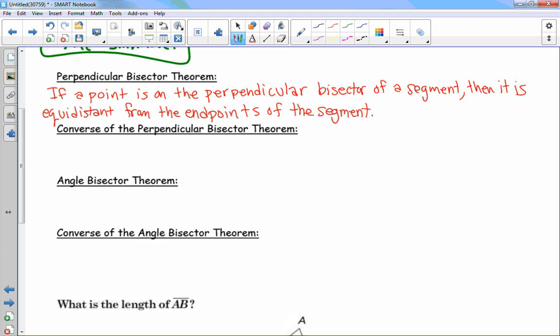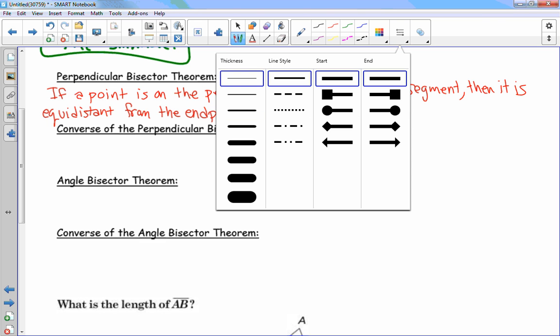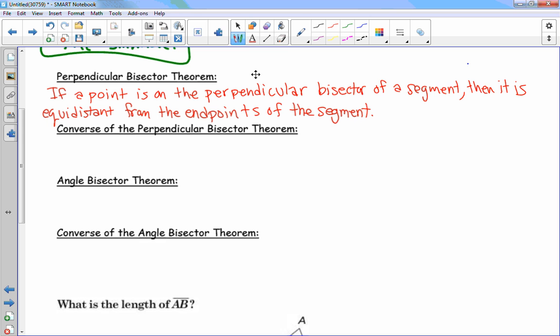So I'll draw a picture so you understand what that means. So give me 2 letters, please. As long as they're not L and O, I will take them. So, S and M. Okay, that's our segment. Where does the bisector cut through?